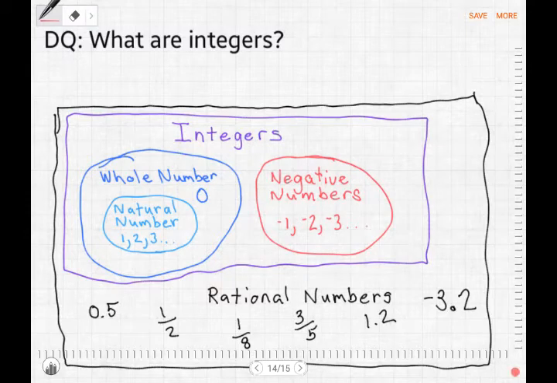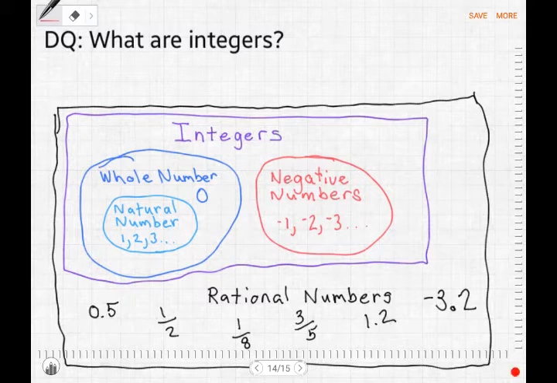You take the whole numbers and the negative numbers and you've got your set of integers. Integers include the set of whole numbers and the set of negative numbers, including 0. Okay, the counting numbers positive, counting numbers negative, and 0.